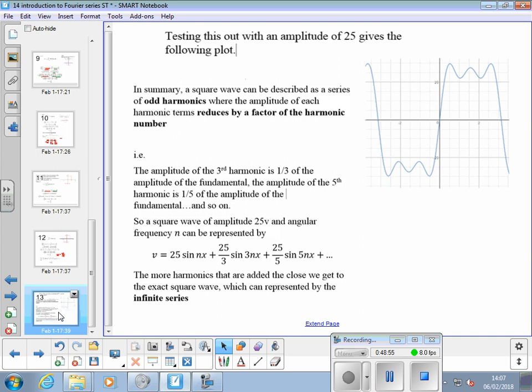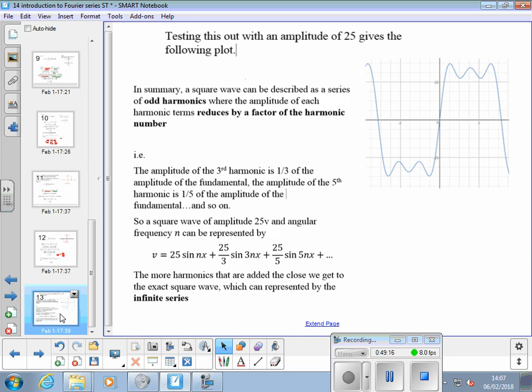Now, you might be thinking, what's the point of all this? What we're really interested in is the possibility of unwanted resonance in a circuit with one of these harmonic frequencies from the input of that square wave.